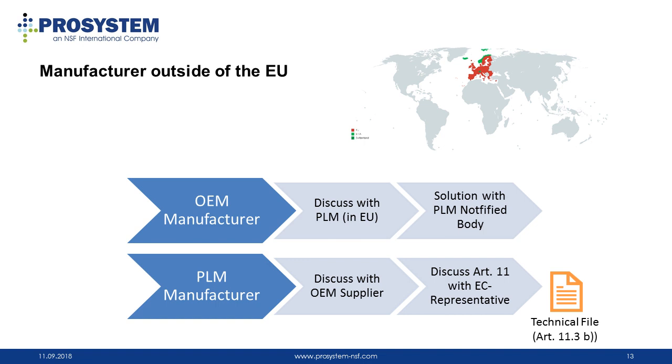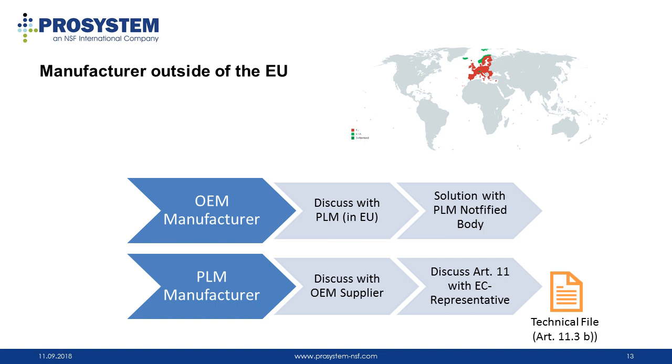If you are a private label manufacturer outside of the EU, of course, you have to discuss with your OEM supplier what the best solution will be, what the technical documentation is, how this is available. So all this discussion has to be done now.